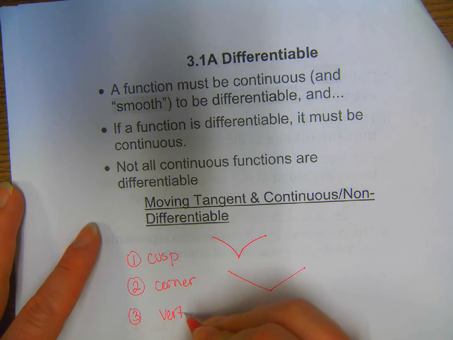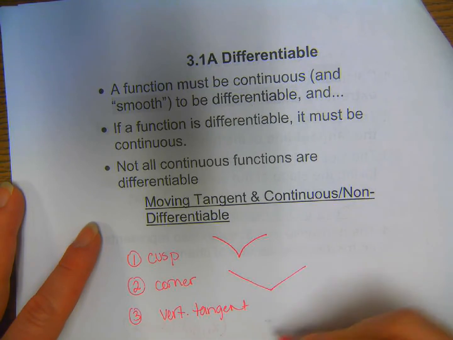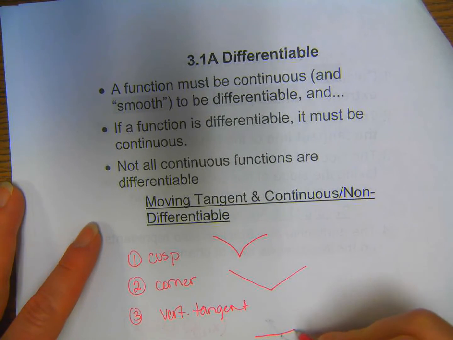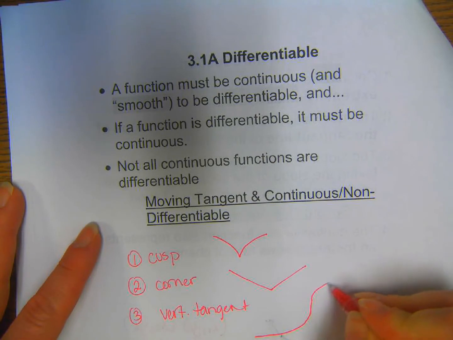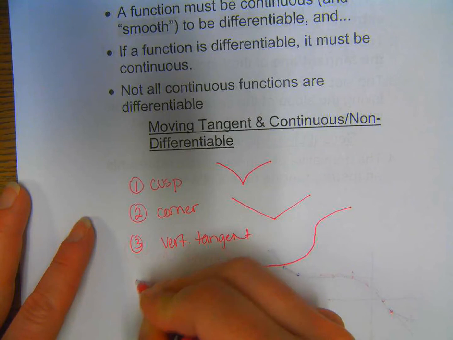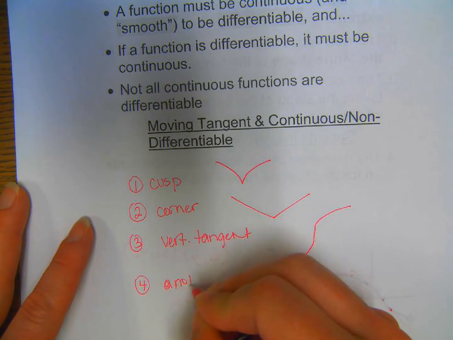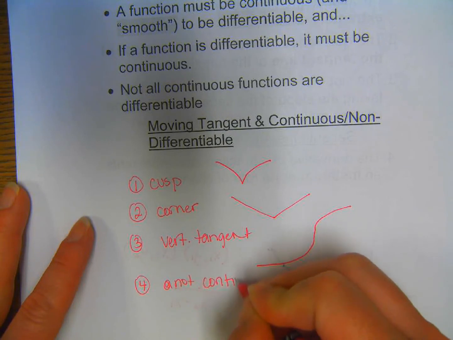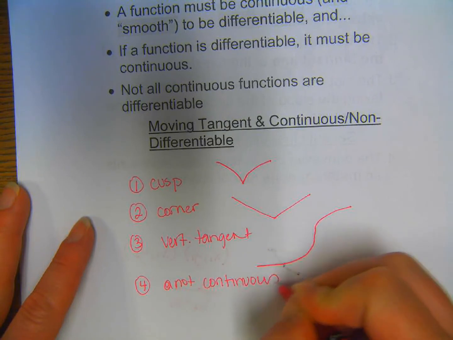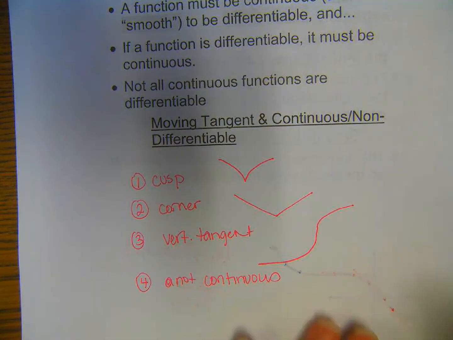Vertical tangent means, I'll give you an example of the cubed root graph. Looks like this. It's got a vertical tangent right here. And also if it's not continuous. Okay. So as you're looking today, I might ask you some questions about that.